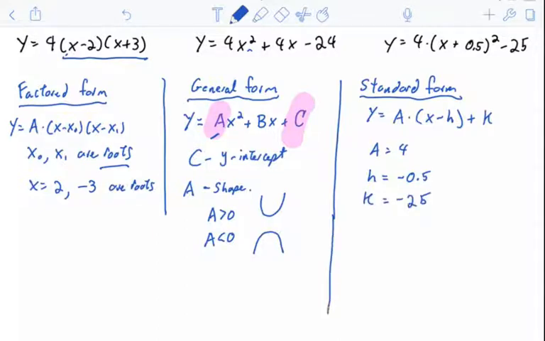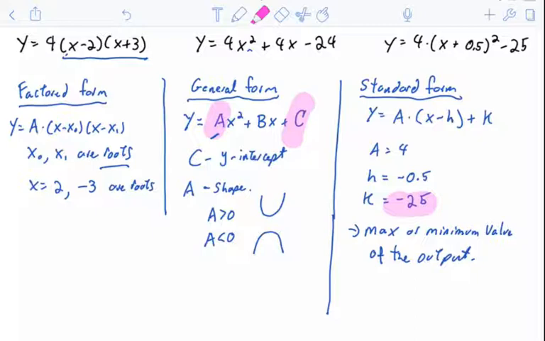The standard form tells you what the minimum or maximum value is, depending on the context. In this case, like I said, I'll be explaining this before, the maximum or the minimum value here is minus 25.